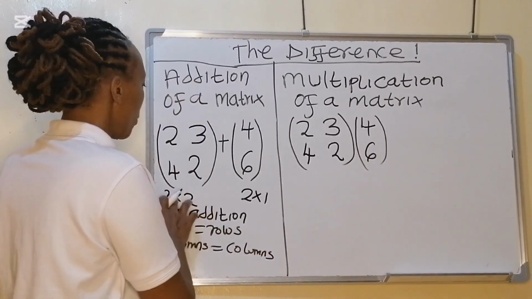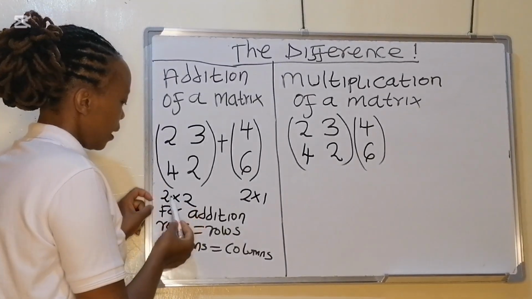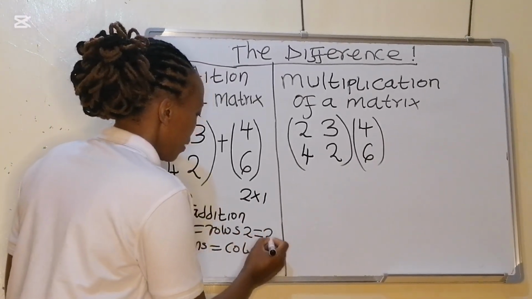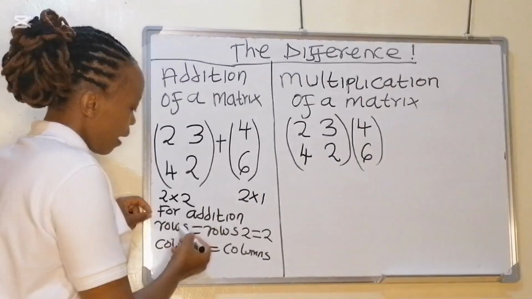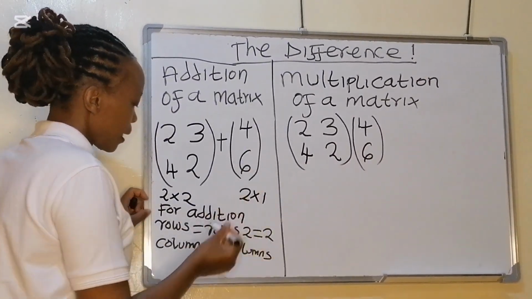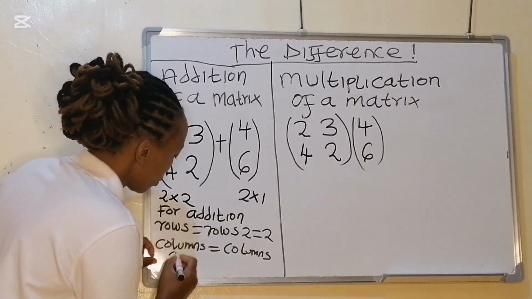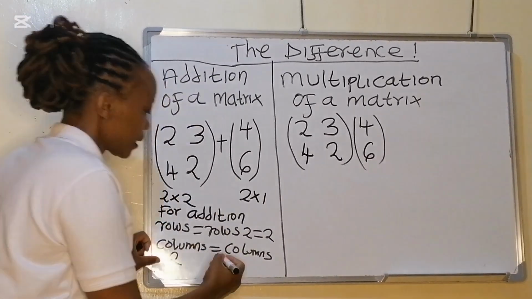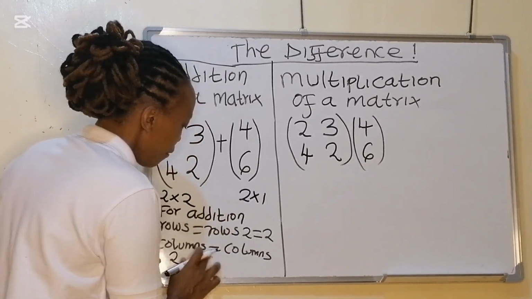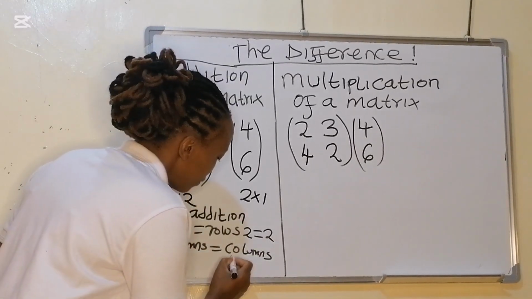How many rows do we have here? We have 2. Because we read row by column, 2 by 2, so we have 2. 2 is equal to 2, so that one has passed the test. We have 2 rows for the first matrix and 2 rows for the second matrix. What about columns? We have 2 columns for the first matrix, and for the second we have 1 column.